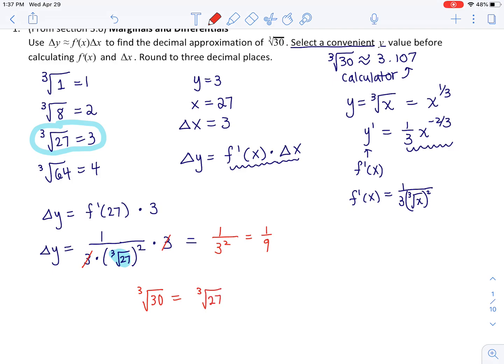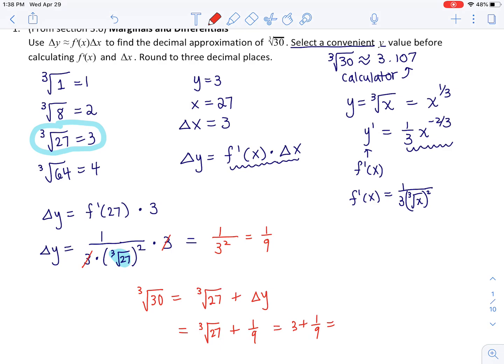So what is cube root of 30? That's going to be cube root of 27 plus the change in y, right? How much y changed? Cube root of 27 plus 1/9, which is 3 plus 1/9.